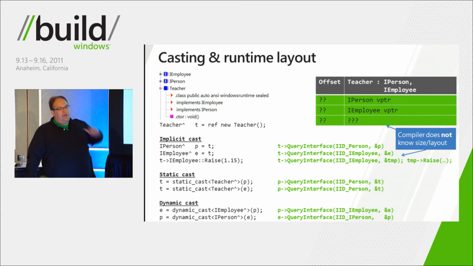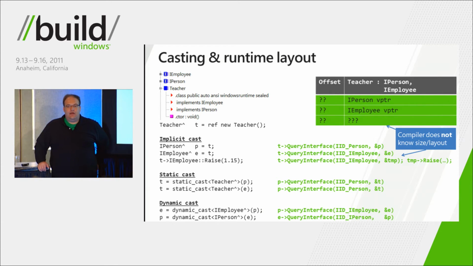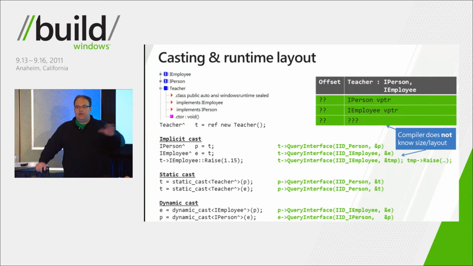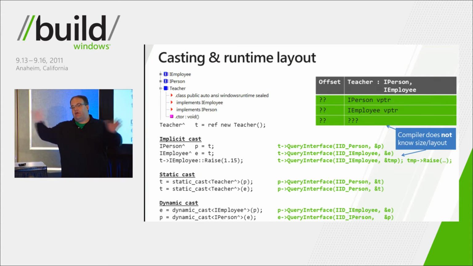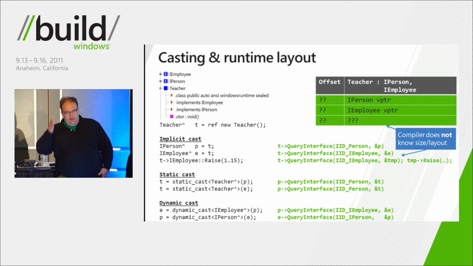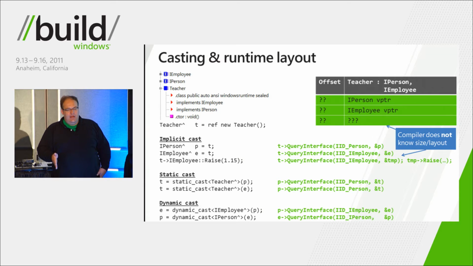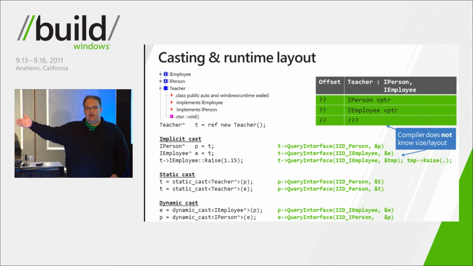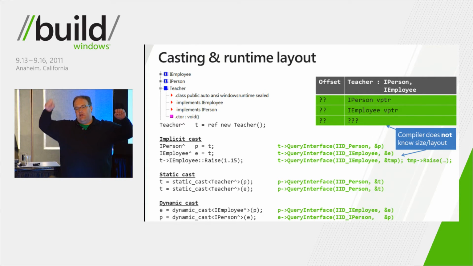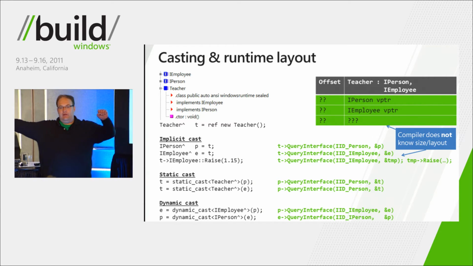So looking again at that teacher class, let's say this is from a WinMD file, and either this is implemented in C# and we have no idea what the CCW looks like, or it's implemented as a JavaScript callback, or it's just a C++ component, but because you've said that you have a DLL boundary, you want to be able to independently version your DLL. So if I change this DLL and I change the size and layout of this component, I don't want the other DLL to make an assumption about size and layout of this DLL, because now you're breaking versionability, so you don't have independently versionable components.